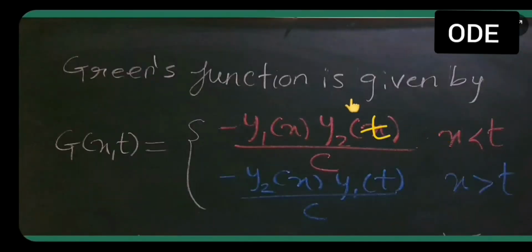So here the Green's function is given by G of x comma t is equal to minus y1 of x into y2 of t upon c, where x is less than t, and minus y2 of x into y1 of t upon c, where x is greater than t. Okay, so the Green's function is given by this.